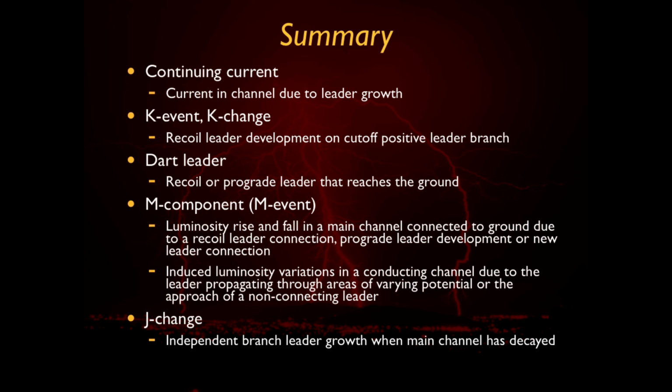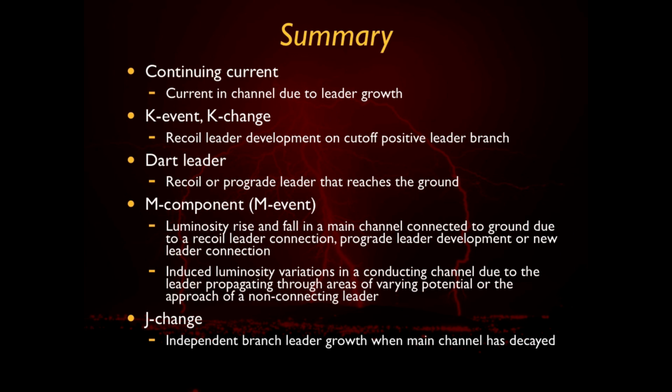A K event or K change is a recoil leader that develops on a cutoff positive leader branch. And as we showed with the video and the corresponding electric field data, this recoil leader development on the decayed positive leader tends to be bidirectional, bipolar, and it initiates in trail of the tip of the decayed positive leader branch, which is very different from what we see with negative leaders that tend to redevelop from the branch point outward in a prograde direction.